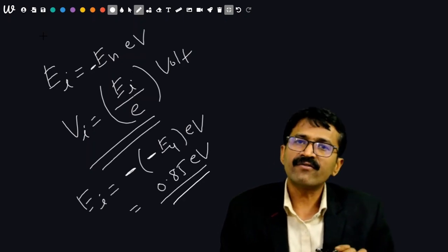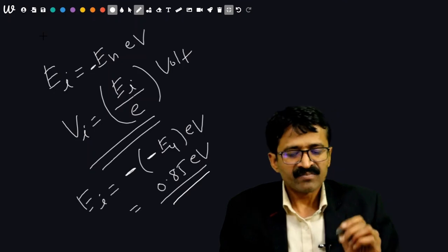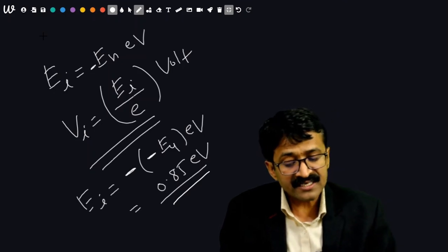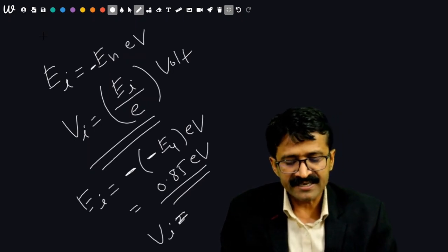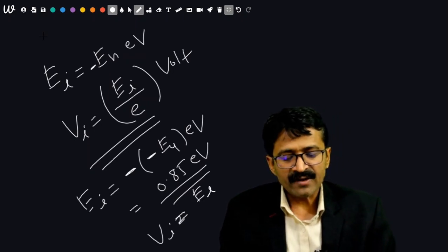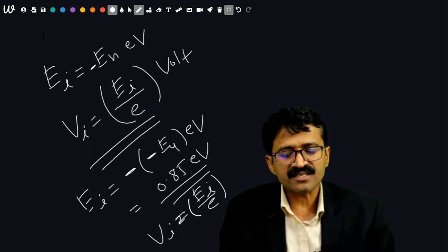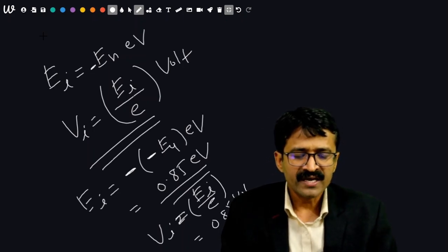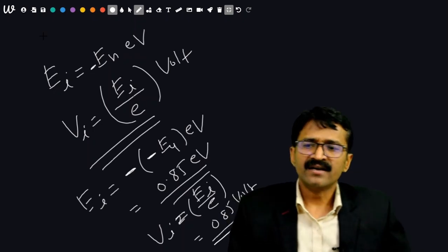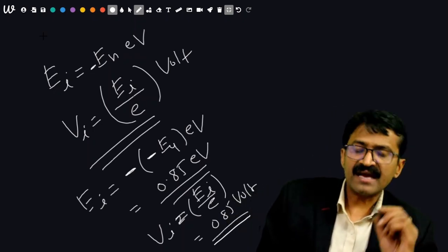This is the energy required for ionization from the fourth energy state. Now, what about the ionization potential in this case? V ionization, as you know, is E ionization upon e. So just remove the electron charge, you will get 0.85 volt. It is very important, and it is used in several calculations.